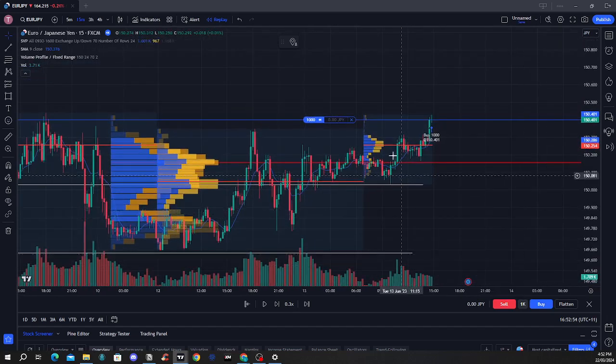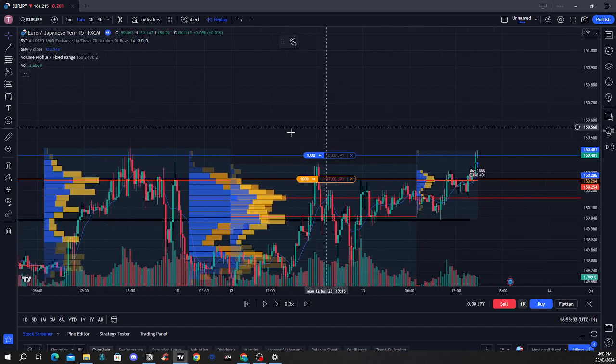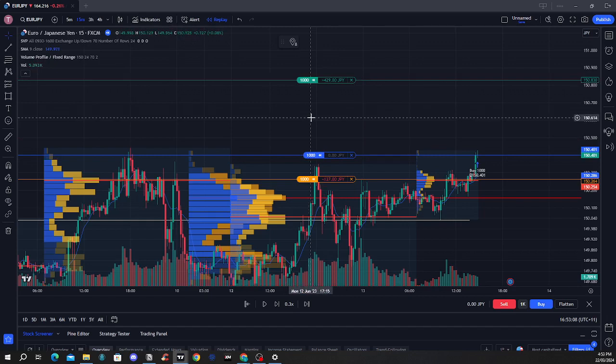Now we have a high risk stop loss entry here, and this is entering before the market has actually broken the parameters of the trading range. So 369, 4812, 420.